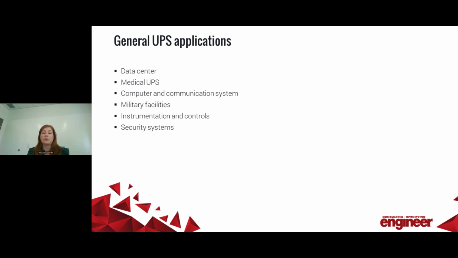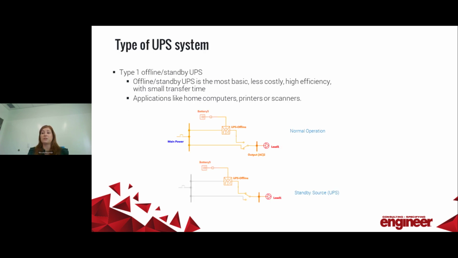So there are three general configurations of a UPS. The first one that we'll go through is an offline or standby UPS. It is the most basic and least expensive, with a high efficiency and still a small transfer time. These types of UPSs are best suited for smaller loads under 1500 VA.